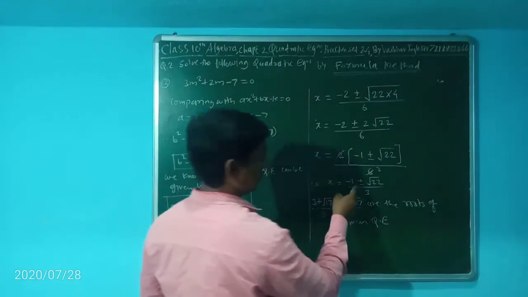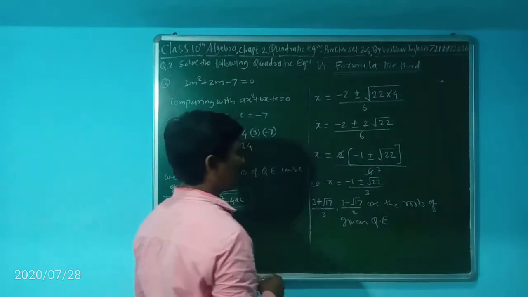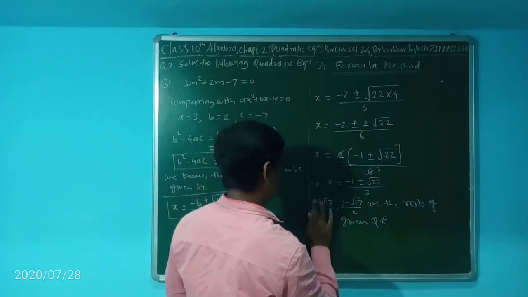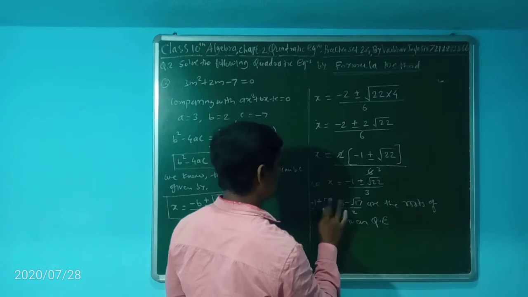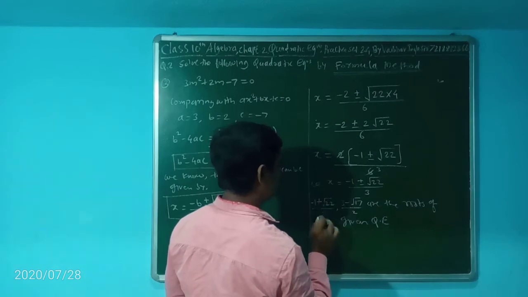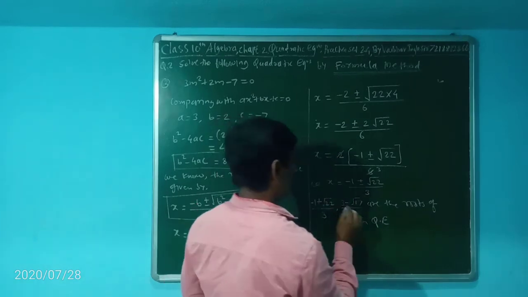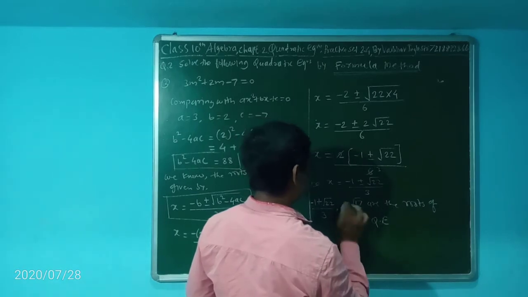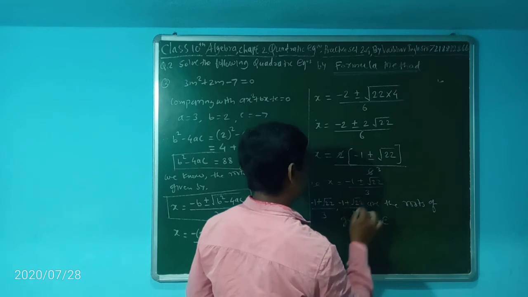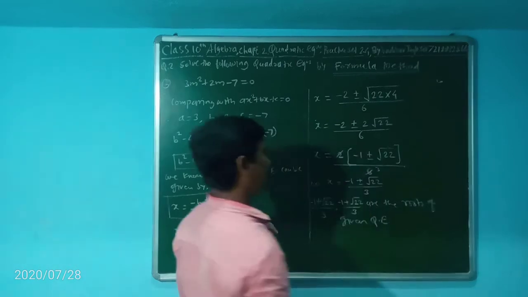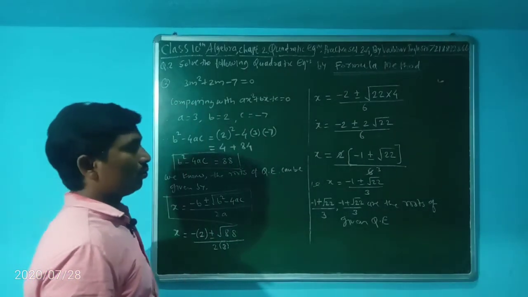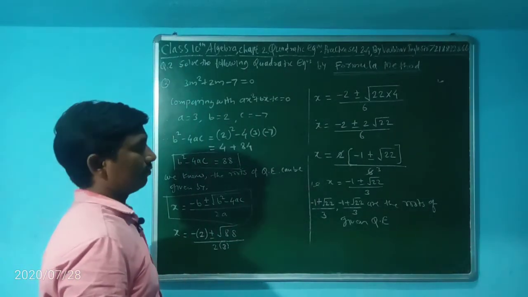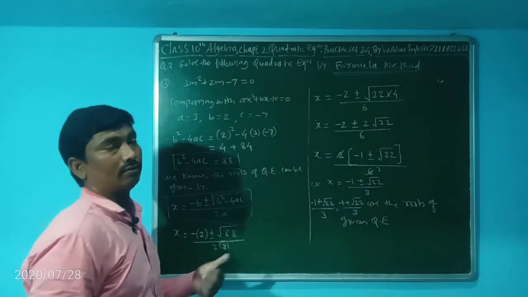Okay, so if you write this separately, you will have roots minus 1 plus under root 22 by 3. In this way you will get the two values of roots.